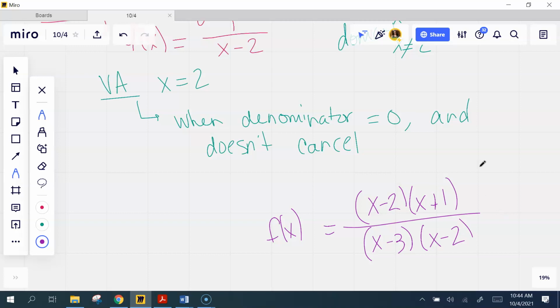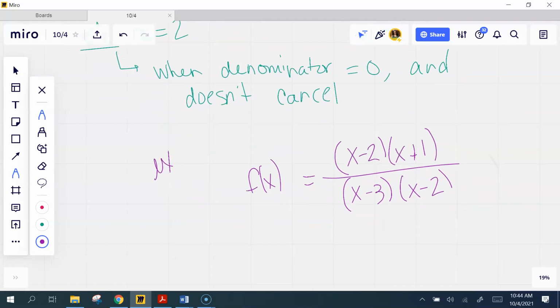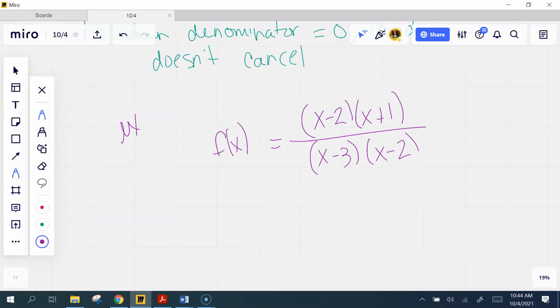Based on what I told you, where do you think the vertical asymptote or vertical asymptotes are? 3 and 2 is what you initially think, right? But do you agree that that could cancel?